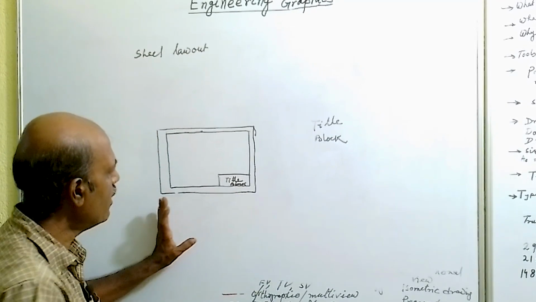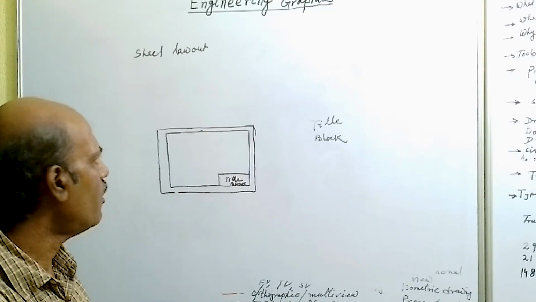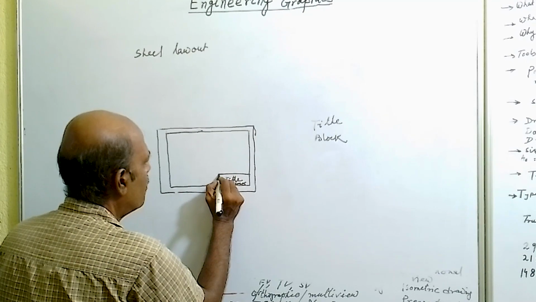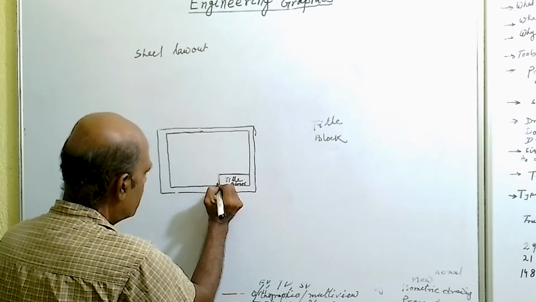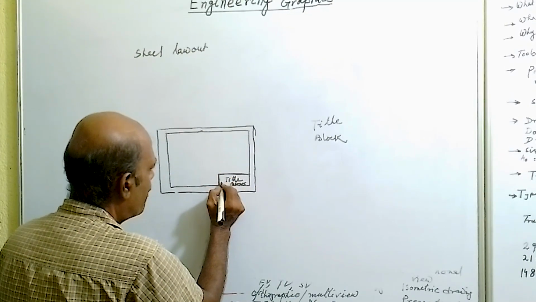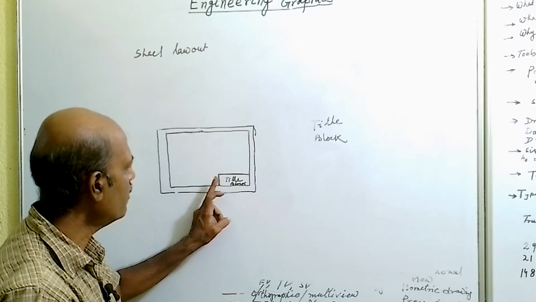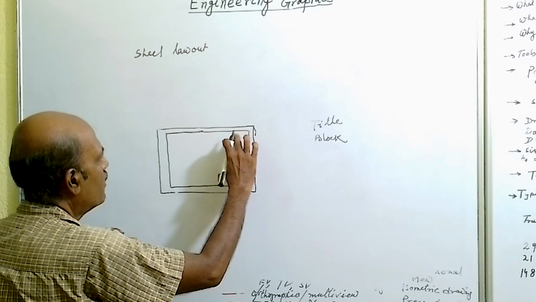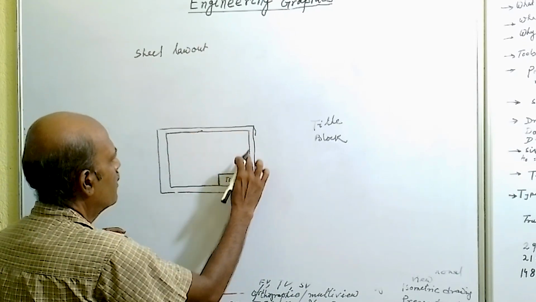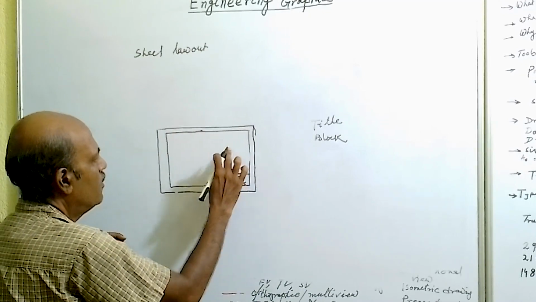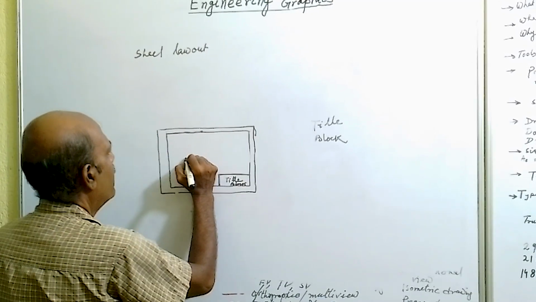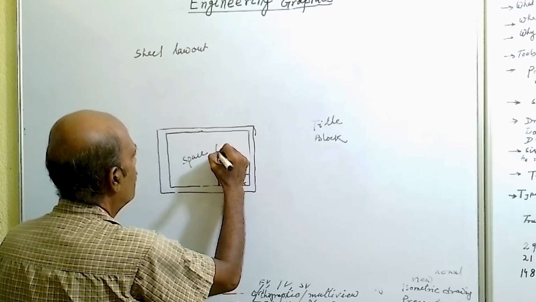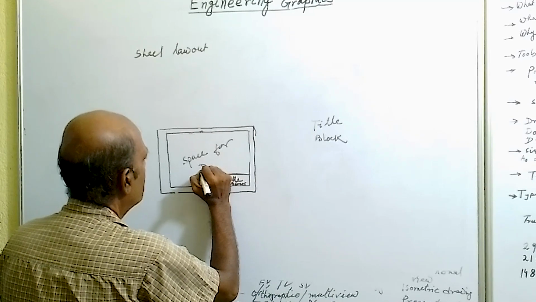This title block contains so much information related to the drawing. So we will not draw any drawing in this space. It will contain the information related to the drawing, and the rest portion is the space for drawing. Whatever we want to draw, we have to draw in this space.